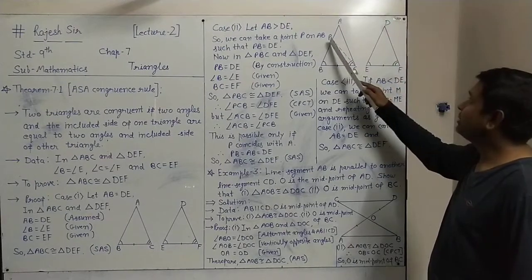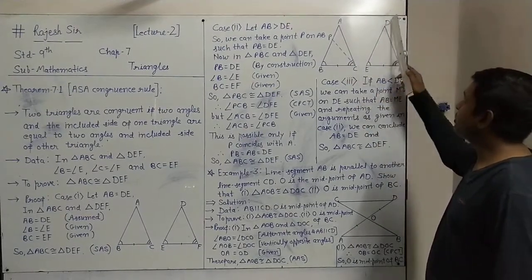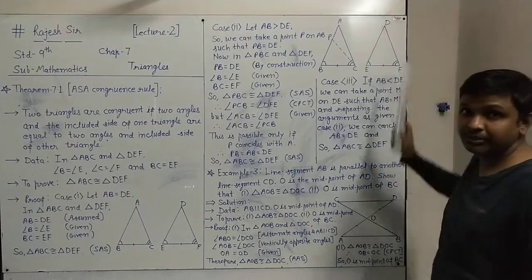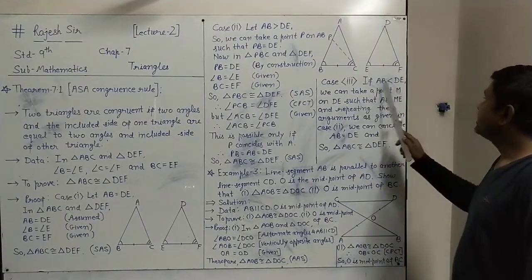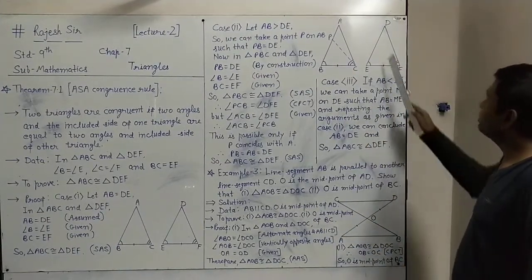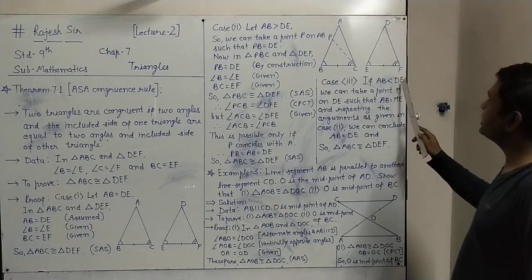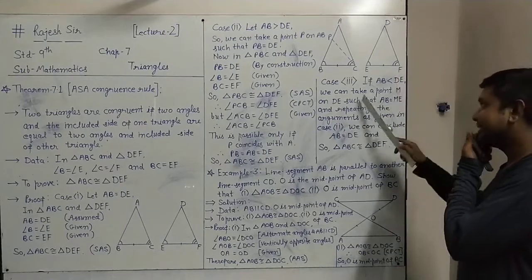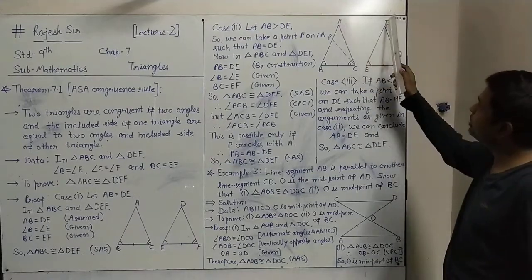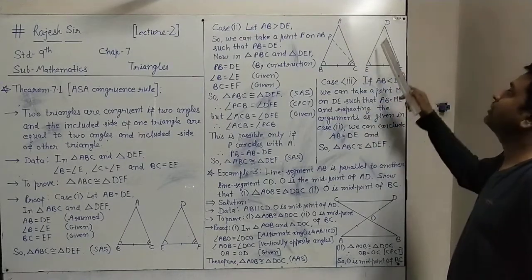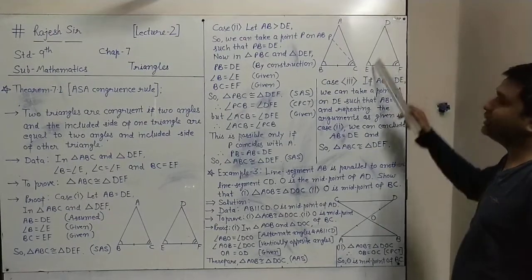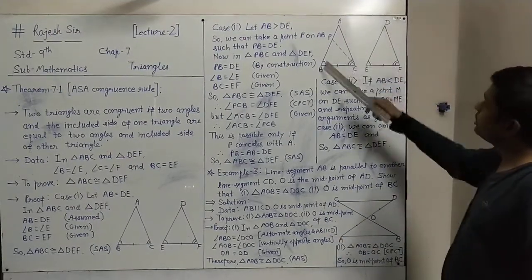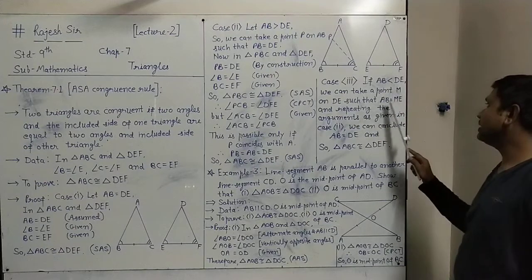In a similar way, here we can get a point on the larger one. We can take a point M on DE, the larger one, such that AB equals ME. M must be somewhere on DE such that AB equals ME.